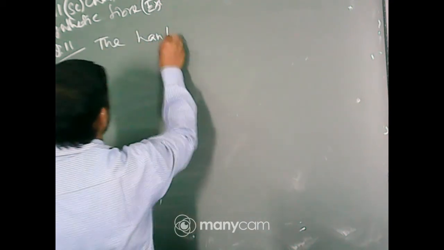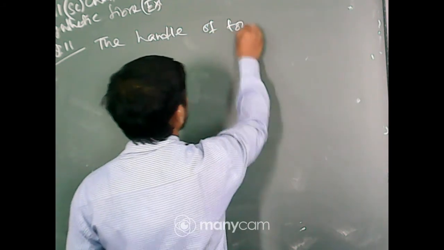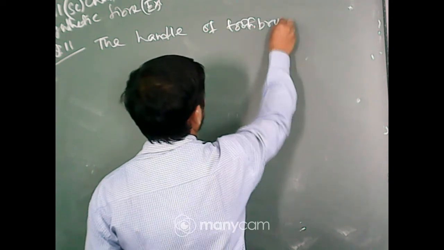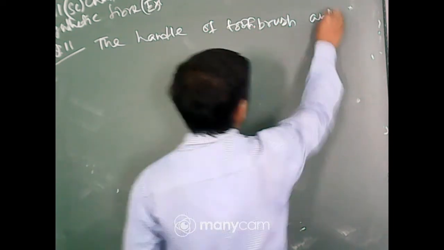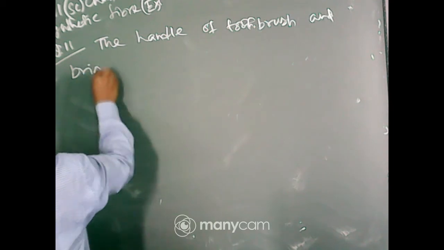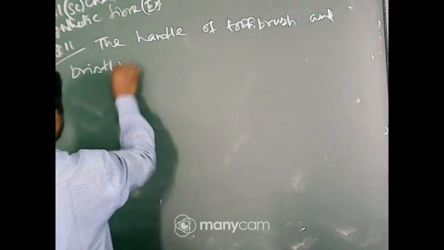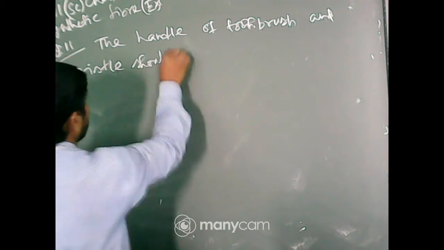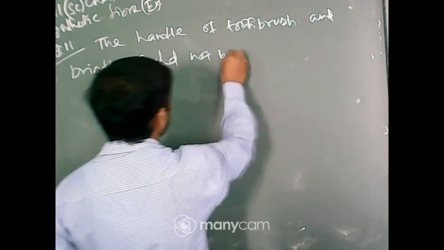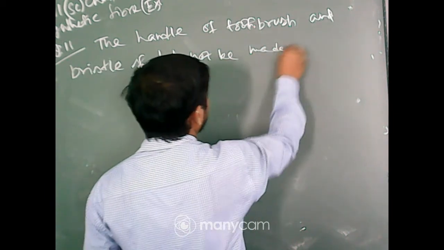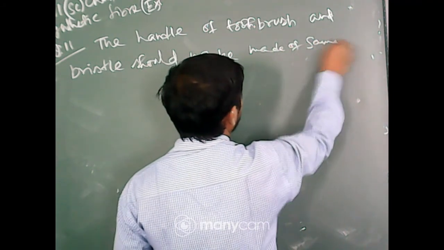Question number 11. The handle of a toothbrush and the bristle should not be made of the same material.